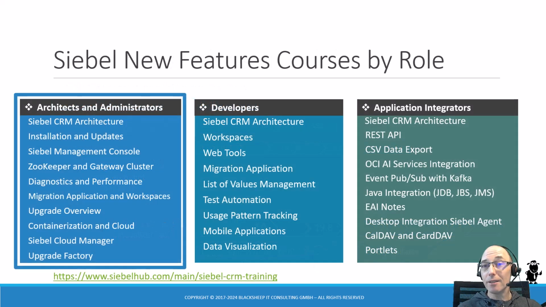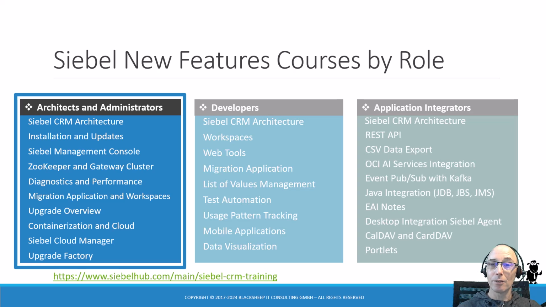We have 3 Siebel New Features courses separated by role. So if you're an architect or administrator, stay right here. If you're a developer or application integrator, look into our other training offerings. So in the architects and administrators path, we of course introduce all the necessary knowledge about the Siebel CRM architecture, how to install and update modern Siebel CRM releases, how to use the Siebel Management Console, Zookeeper, Gateway Cluster.